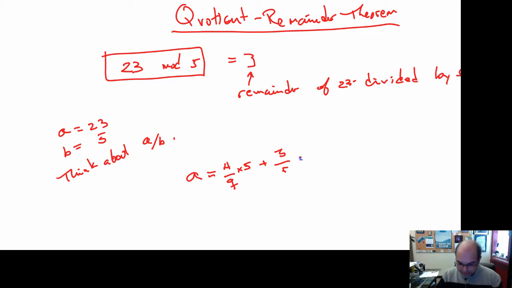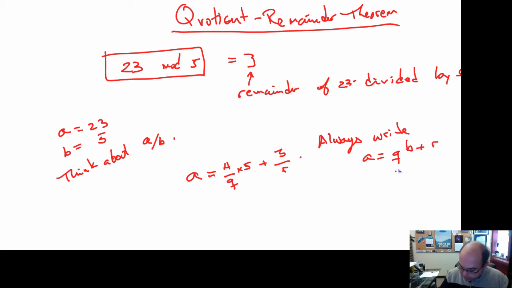We can always do this. Now, you might look at that and go, wait a minute, of course we can always do this, because A, which is 23, is simply 0 times 5 plus 23. So what's the big deal? Well, the big deal is that we can always write A is equal to Q times B plus R, where Q is an integer, and R is an integer, but in a specific range.